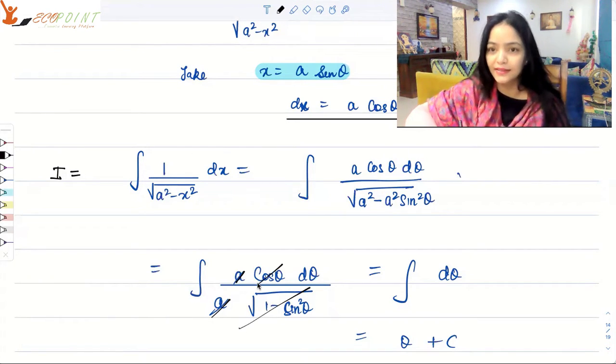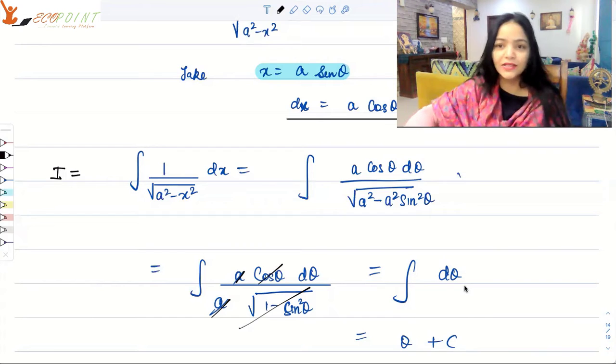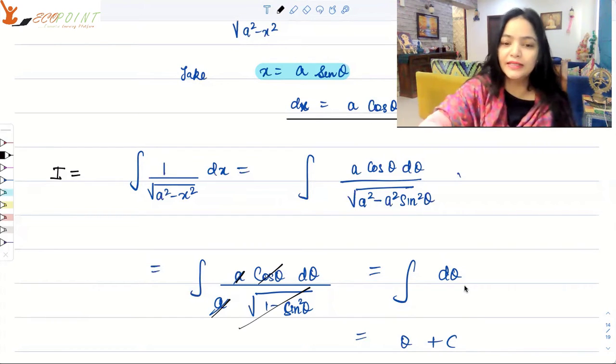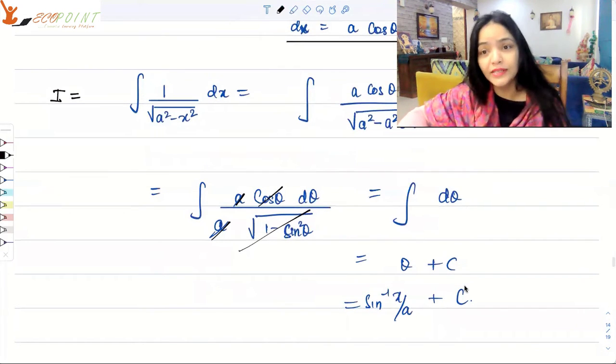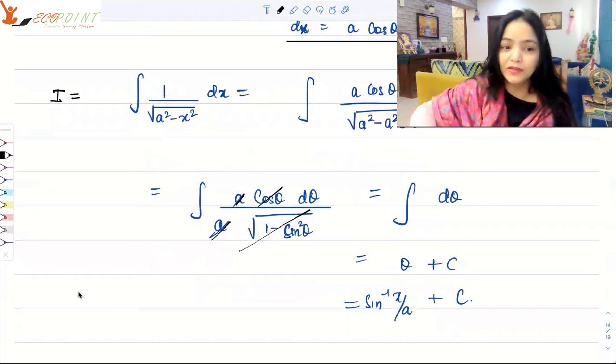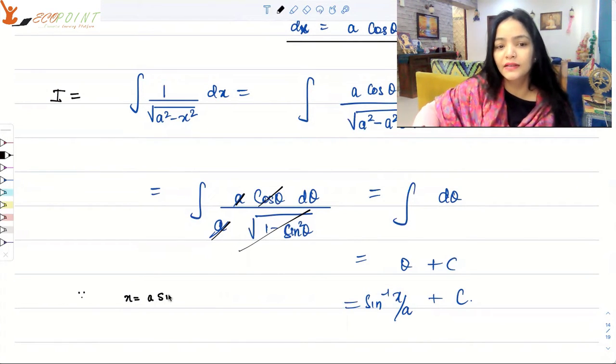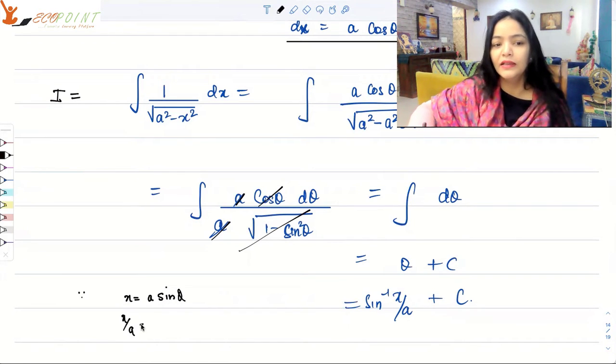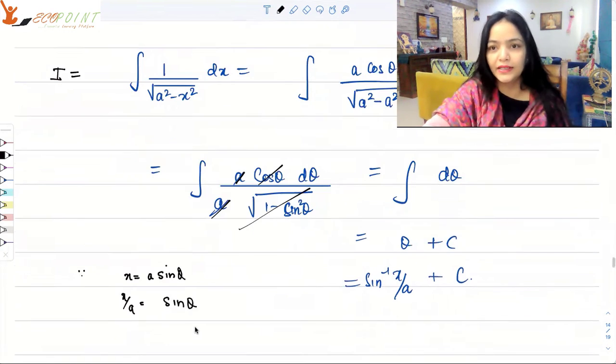So this cancels. The only thing that remains is d theta. So integral d theta is just theta. So theta plus c is your answer, and theta is sine inverse x by a. That's because I have taken x as sine theta. So x by a is sine theta, and sine inverse x by a is theta.